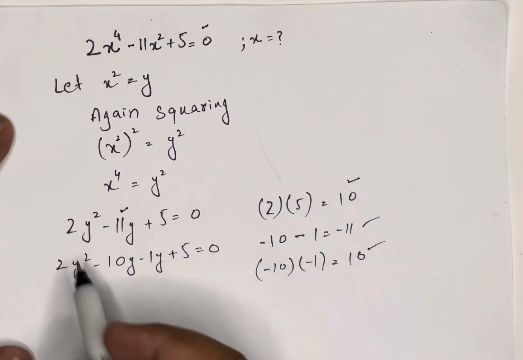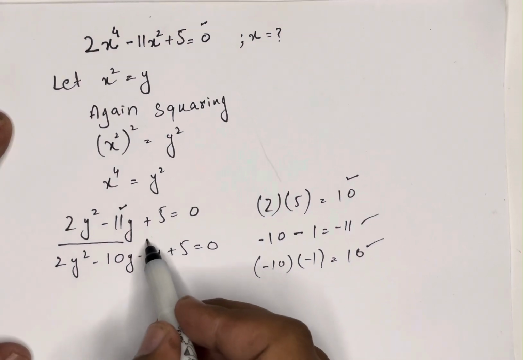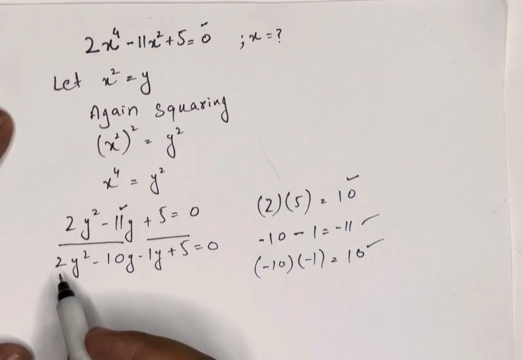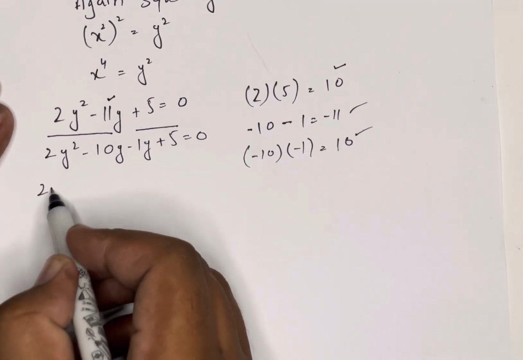Now I am taking common values from these two terms and common values from these two terms. So here the common value will be 2y.